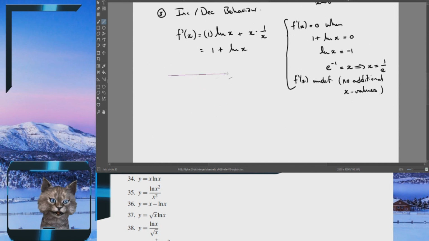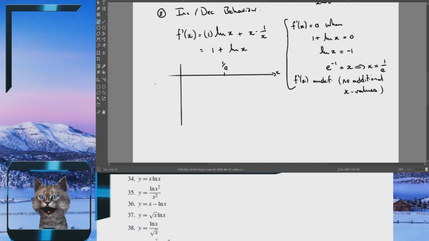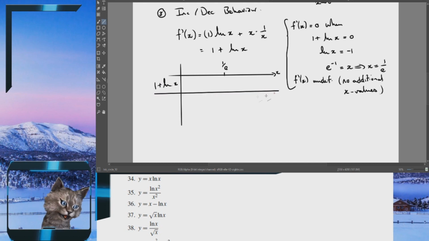So I will make my table over here, and I'm only splitting it at 1 over e. I have one piece, and it gives me my derivative. This piece, 1 plus log of x, is 0. We've established when x is 1 over e, it is the derivative, so it makes it 0. Now you can plug in little representative numbers here.